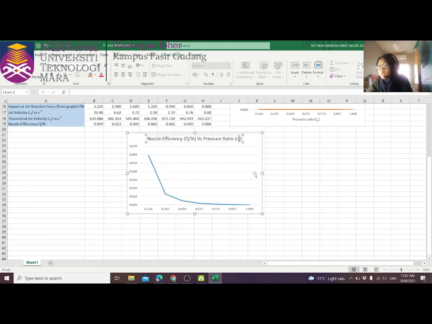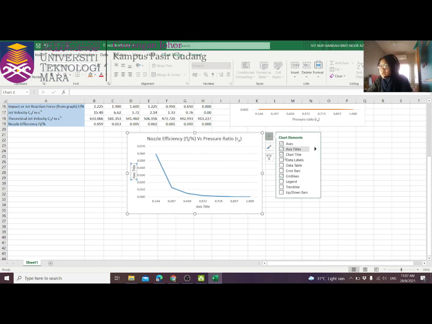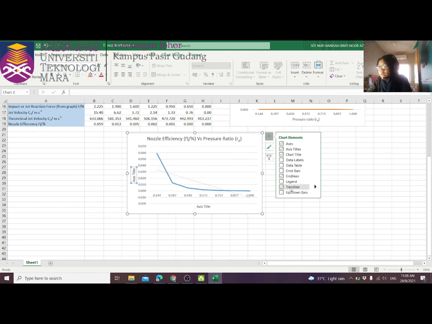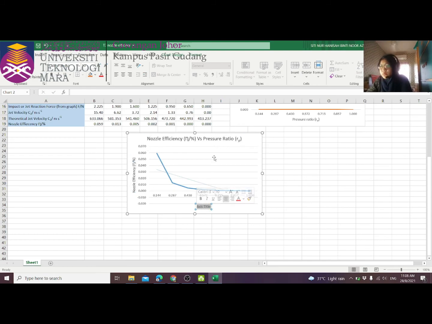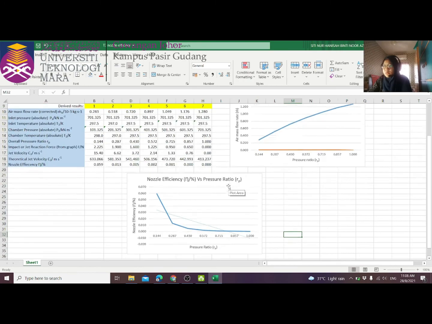So okay, and then add the axis title, trend line, and then okay. So this one is copy, and then this one copy, paste. Okay, that's all.